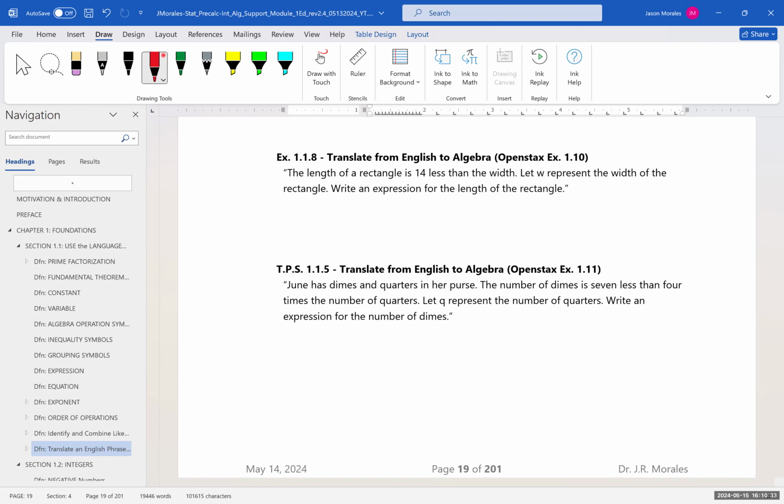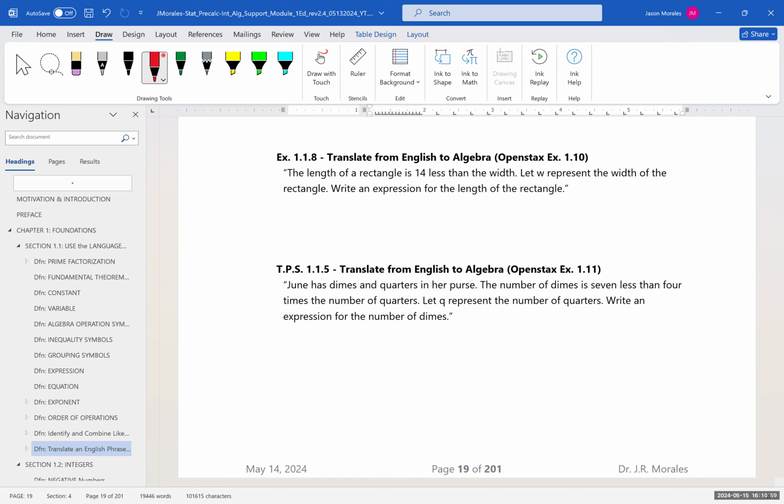Let W represent the width of the rectangle. Write an expression for the length of a rectangle. This is a three-sentence word problem, but already this may be difficult to understand and interpret. So let's break this down so that we can start working with the parts.